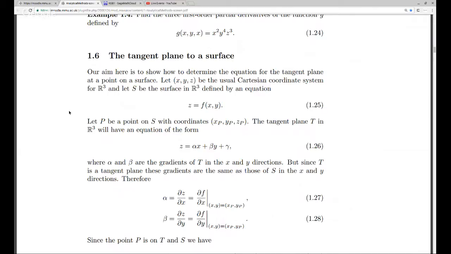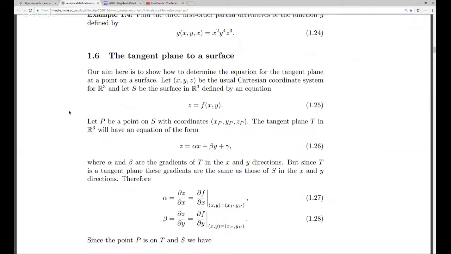So the generalization of a line in two dimensions, if you're talking about a three-dimensional total environment here, the thing to think about is a plane, a flat plane. And we want a flat plane which goes through the point P and which best approximates the behavior of the function at that point.